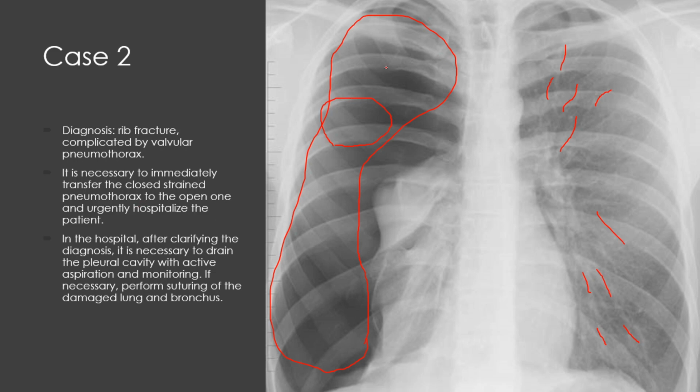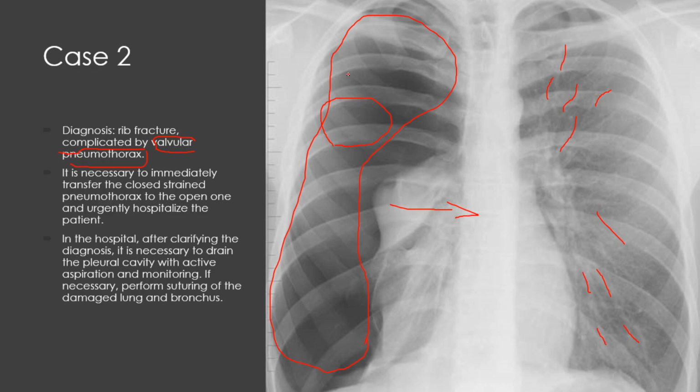And of course, when we talk about valvular pneumothorax, we need to understand that air in this side of thorax will be bigger and bigger, more and more air, and this air will dislocate all organs to the normal side, and it is very bad.